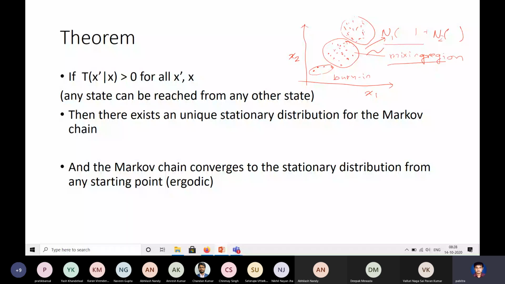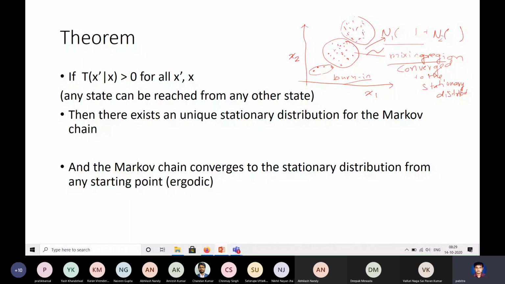So this is the burn-in region, and this is the region where it has converged to the stationary distribution. Finally, if we just look at these points in the trajectory in the mixing region, they would give samples from the stationary distribution that we are trying to generate.